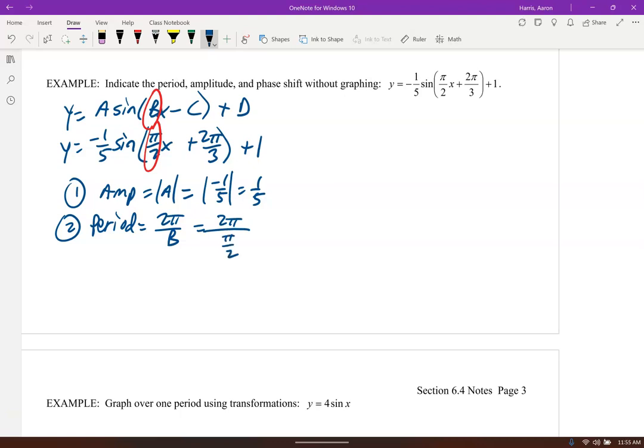I'm dividing by a fraction here, so I'm going to multiply by the reciprocal, right? So times 2 over pi. So we got 2 pi times 2 over pi. See how the pi's cancel? We're just left with 4. So our period here is 4, right?